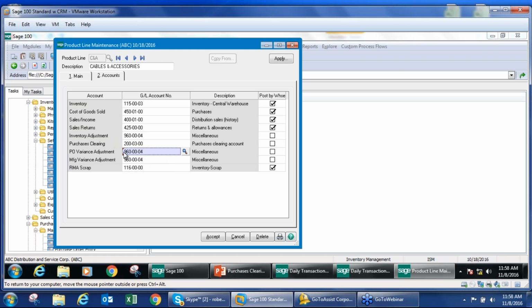So understand where the PO variance adjustment is posting from the difference between your receipt of goods and receipt of invoice, and it really should be a separate account from your inventory account.